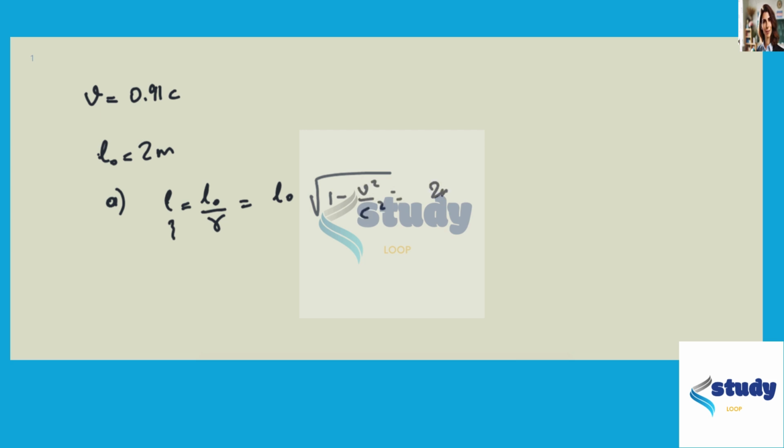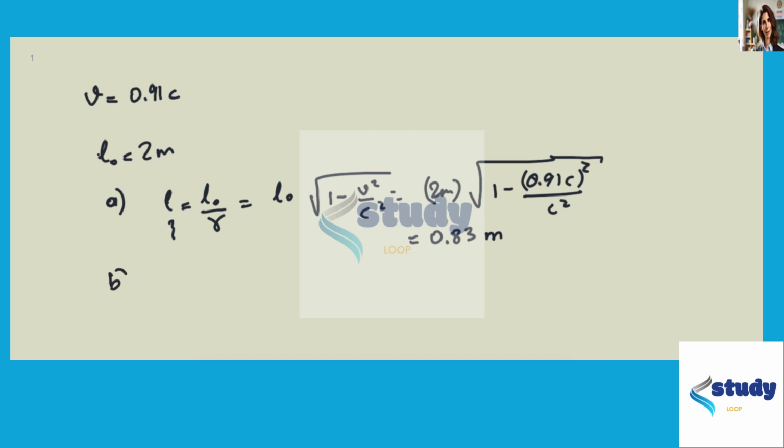Let's put 2 meters here, square root of 1 minus 0.95 c squared over c squared. When we do the algebra, we find the height to be 0.83 meters to an observer on Earth. Still a little on the short side, right?